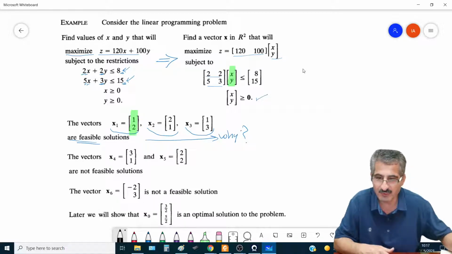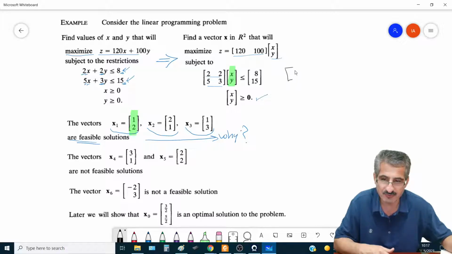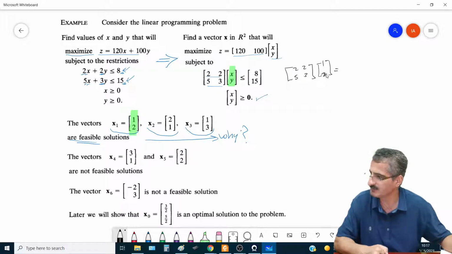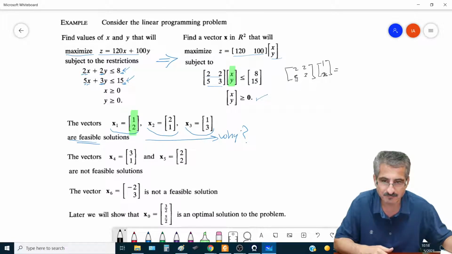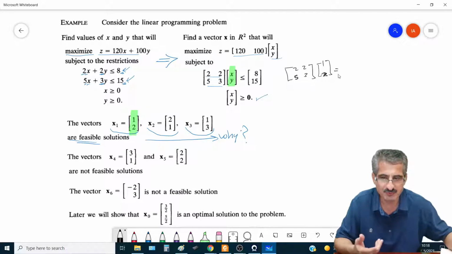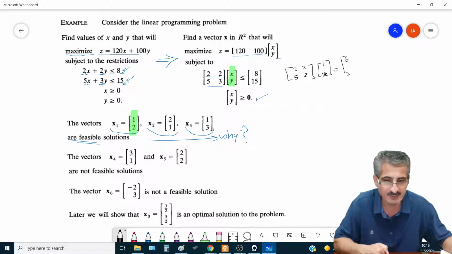I want to see the matrix 2 2 5 3 times x1, which is 1 2. Multiplying, we get 2 plus 2, which is 6 in here, and then 5 plus 6, which is 11. Good, this is indeed less than 8, 15.